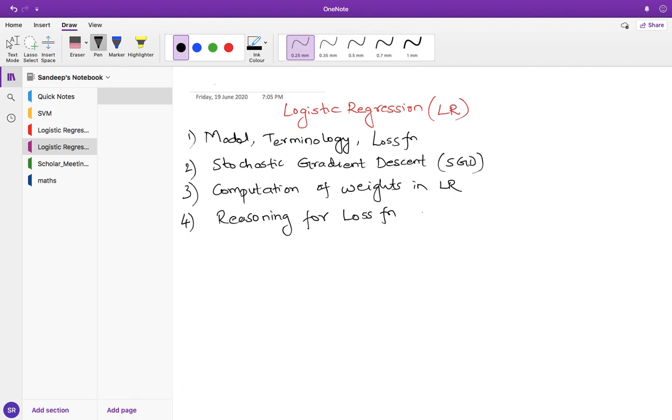In logistic regression, we aim to compute the weights which are present in the logistic model, and the procedure to compute the weights and the mathematical derivations, all those things would be discussed in this video. So first let us get introduced to the basic model and see what the different terminologies involved in logistic regression are.